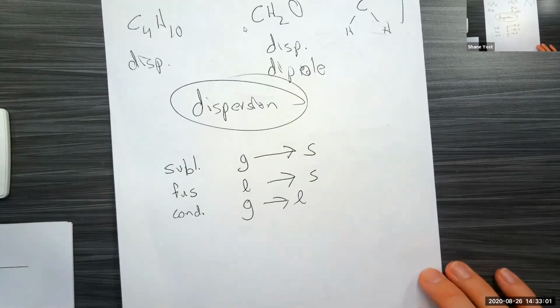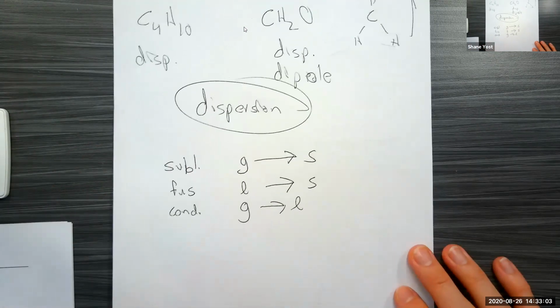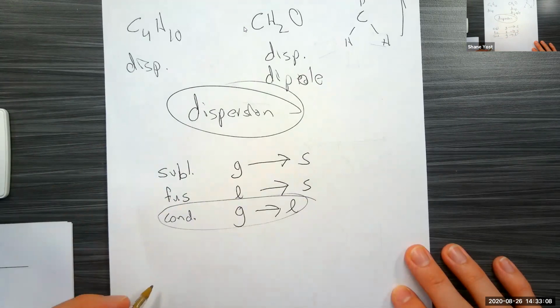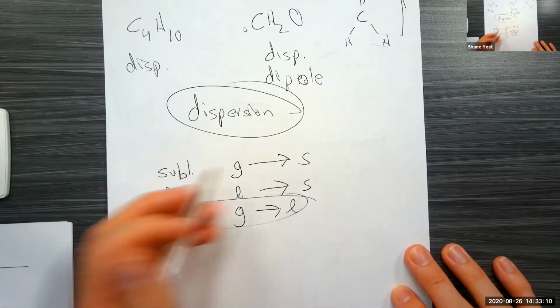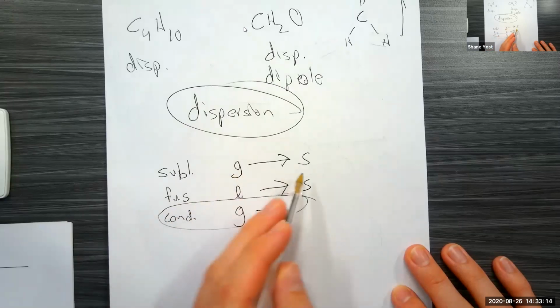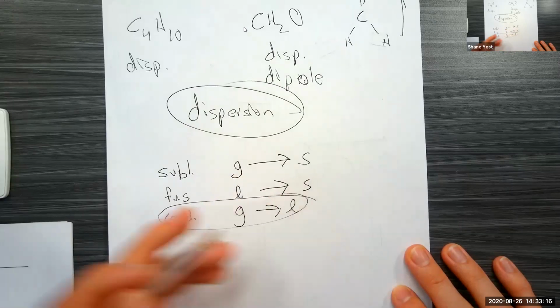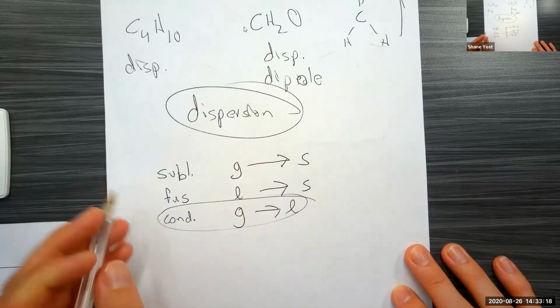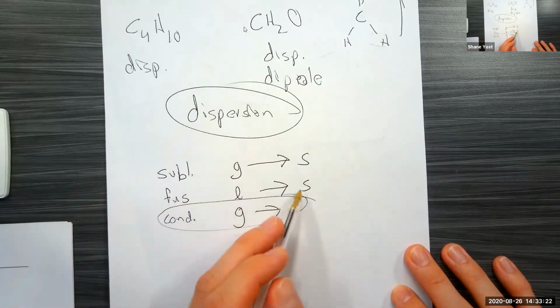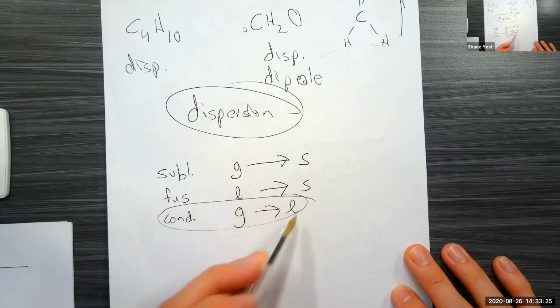If I want to relate these three things, I think about sublimation going straight from a gas to a solid. Well, fusion and condensation eventually go from a gas to a solid. You just have this intermediate step of a liquid along the way.